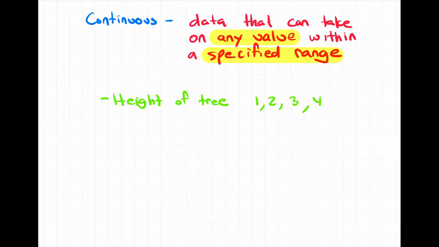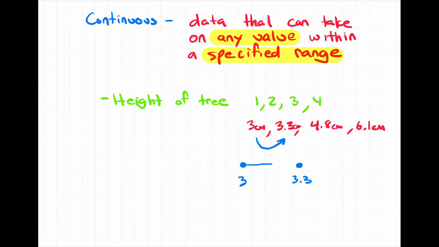And when I take these measurements, I get 3 centimeters, followed by 3.3 centimeters, and then 4.8 centimeters, and we'll say 6.1 centimeters. Now, when the tree grew from 3 to 3.3, it didn't just jump to 3.3, it literally hit every range in between 3 and 3.3.